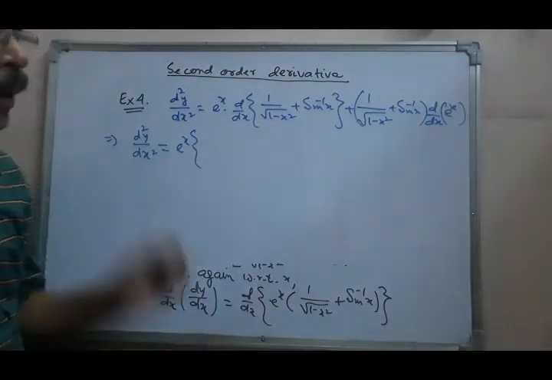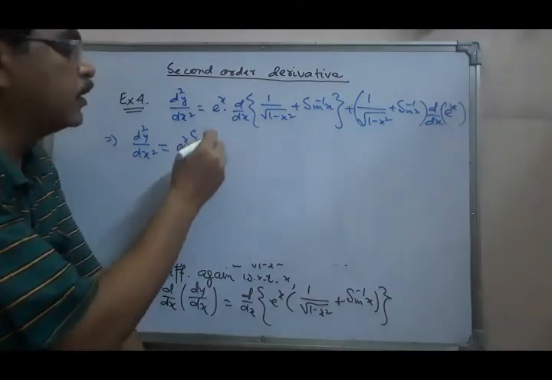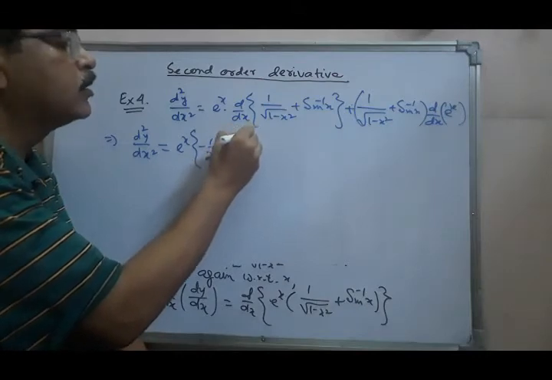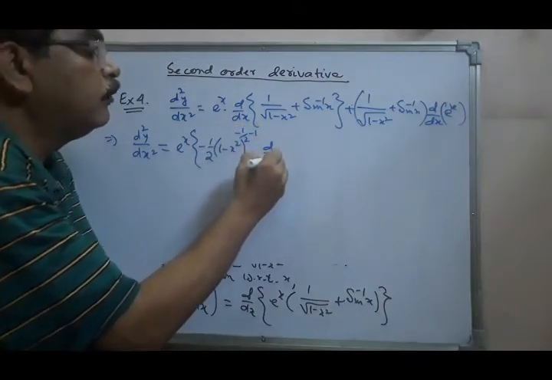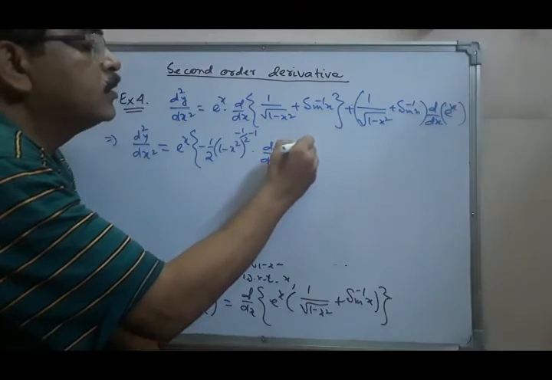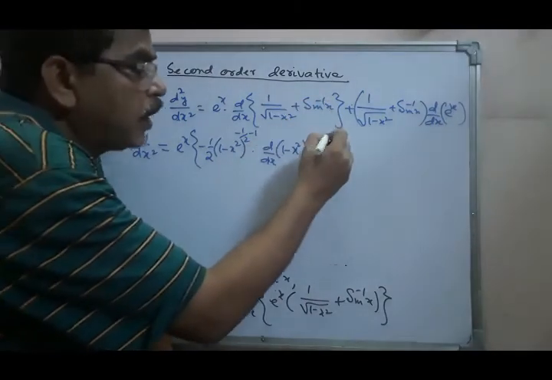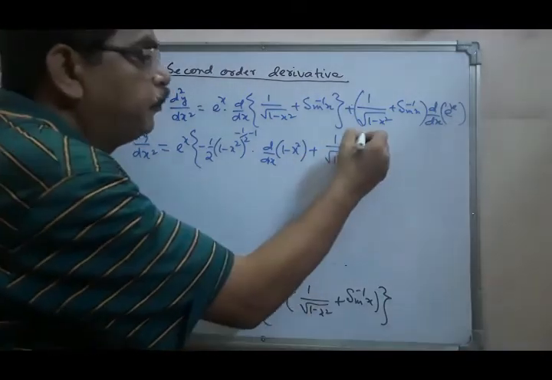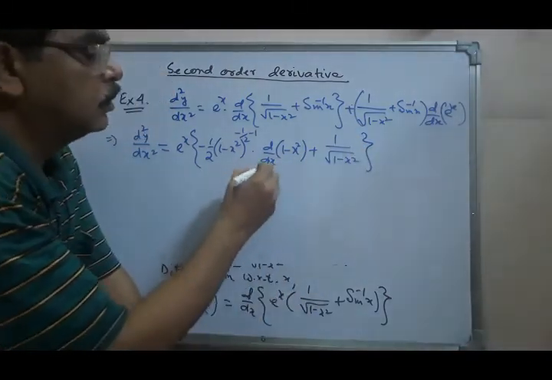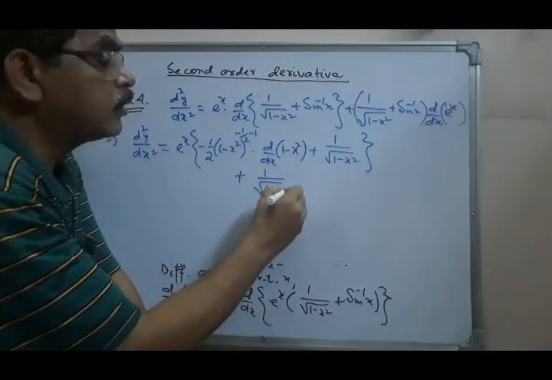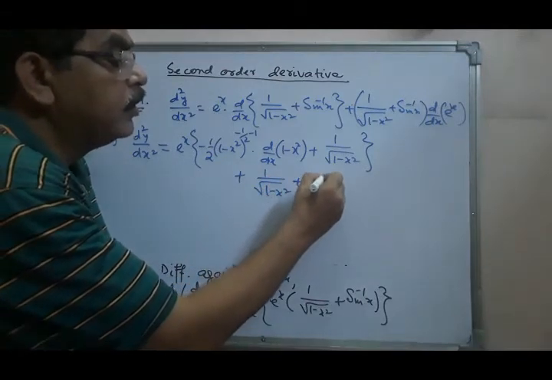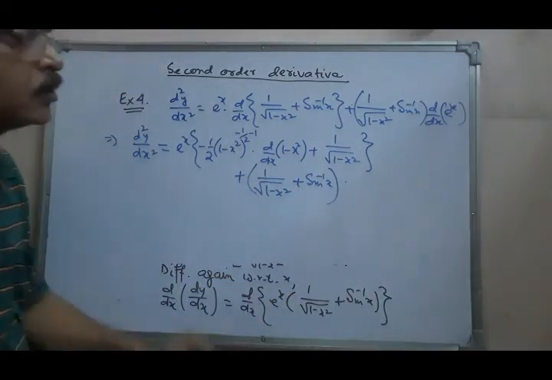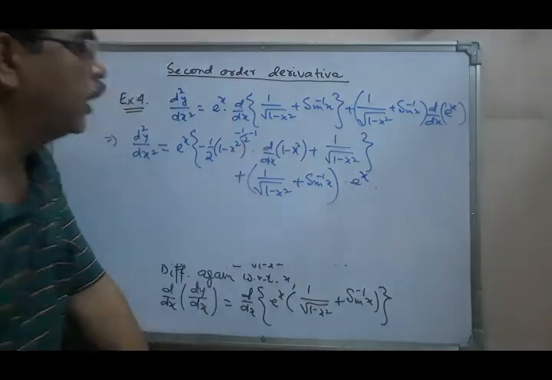It is actually 1 minus x square whole to the power minus half. So minus half, 1 minus x square to the power minus half minus 1, into derivative of 1 minus x square. Derivative of sine inverse x is 1 by root over 1 minus x square, plus 1 by root over 1 minus x square plus sine inverse x into derivative of e to the power x, which is e to the power x.